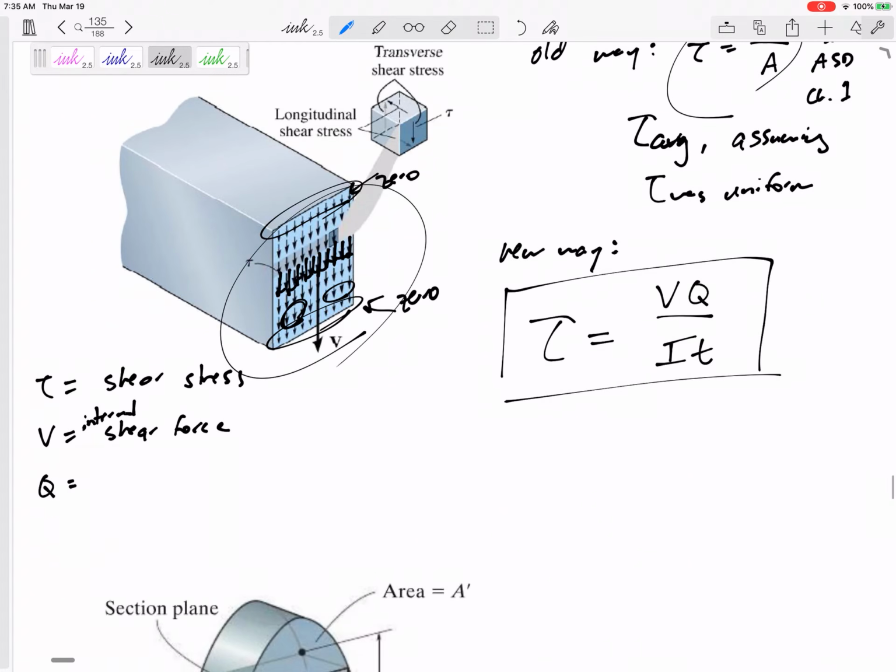All right, Q, we're going to come back to. I is the moment of inertia of the cross-sectional area about the neutral axis.